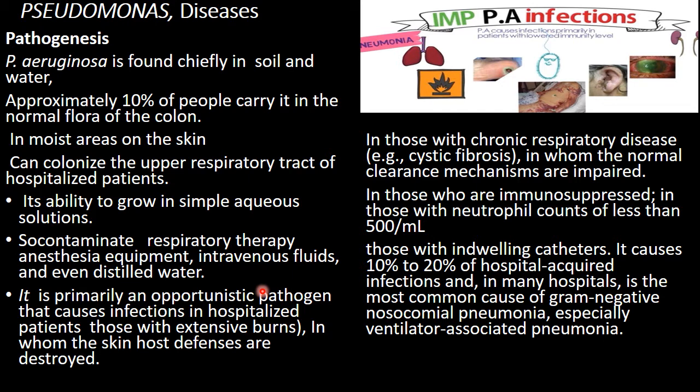You know that an opportunistic pathogen is a type of pathogen that causes disease in an immunocompromised person, for example hospitalized patients, especially those patients that have extensive burns. You know that skin is the first line of defense in the innate immune system.